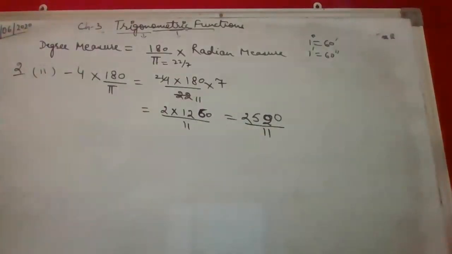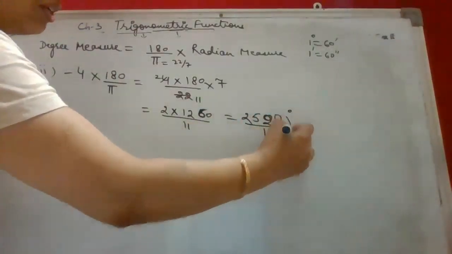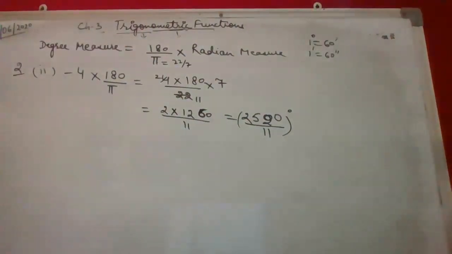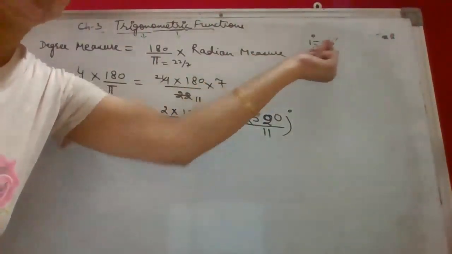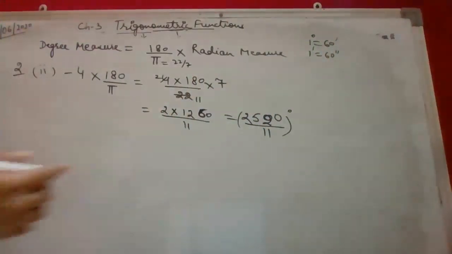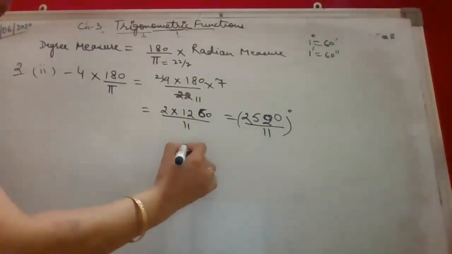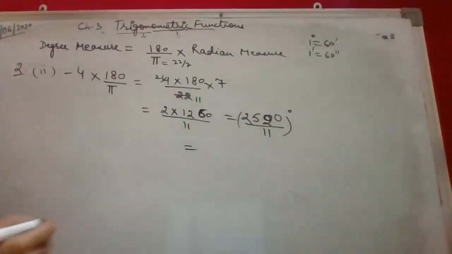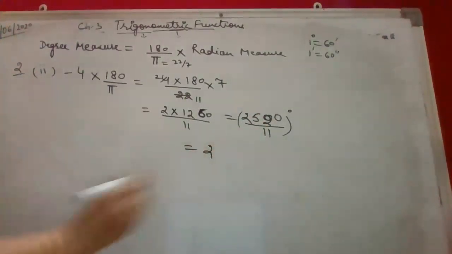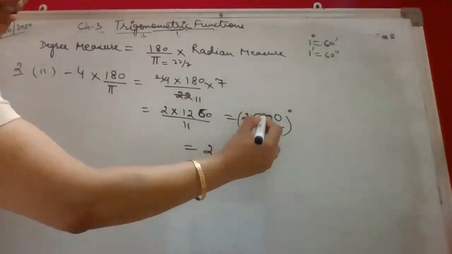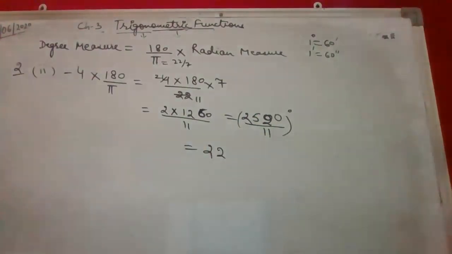So we have converted it to degrees. But whenever we are talking about degrees, we need the answer in terms of degrees, minutes and seconds. So for that we need to divide. So let us divide it by 11. 11 twos are 22. 3 is left. Again 11 twos are 22. 10 is left. 11 nines are 99.